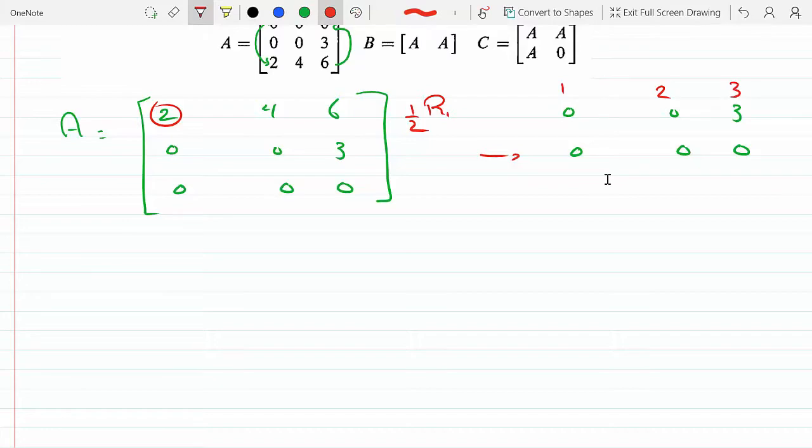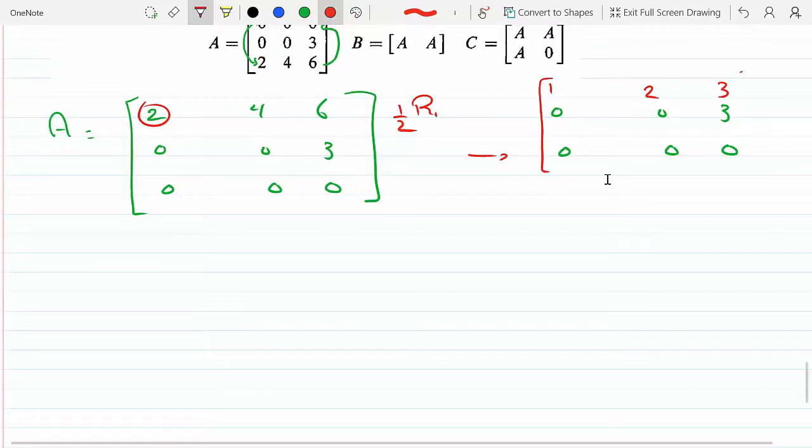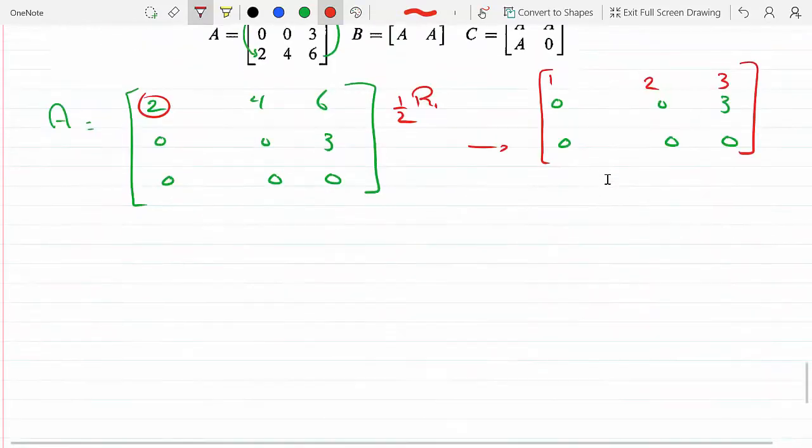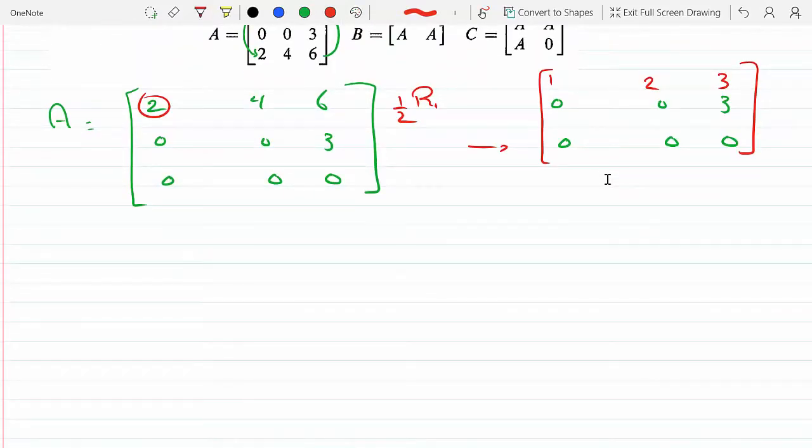Same idea, the same procedure, so it would be the same pattern. So it would be 1, 2. Okay, we did that.